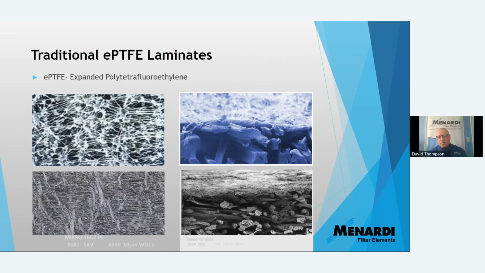Because of the random nature of the pore structure, and you can see that on the left in both photos, you will get particulate being embedded, and it gets very, very tough to remove. And over time, that goes up.